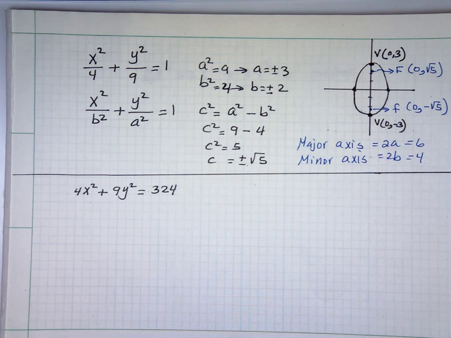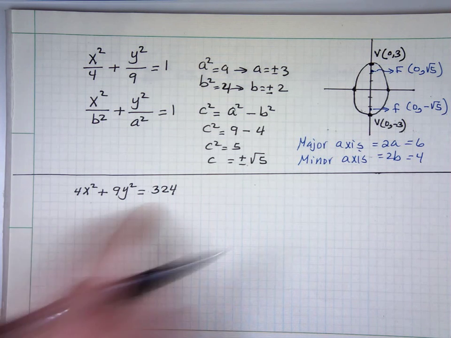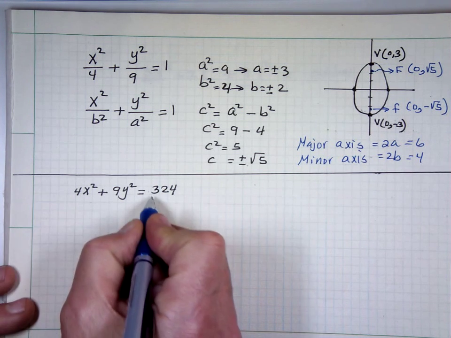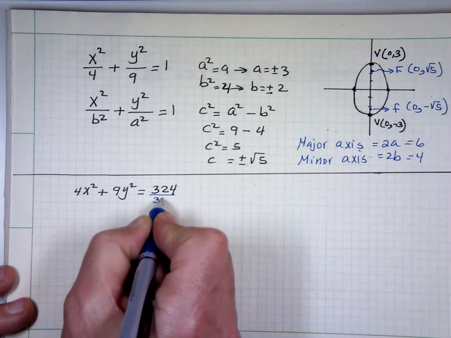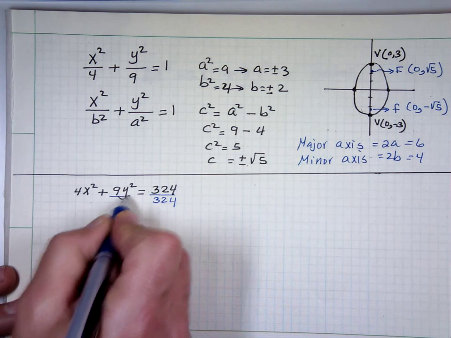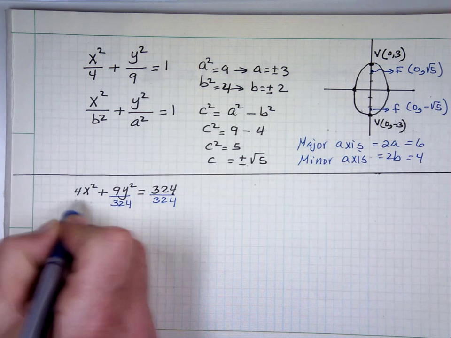But it doesn't look like the format I know. The format I know has a 1 here. How can I make that number 1? I divide this by what? 324.